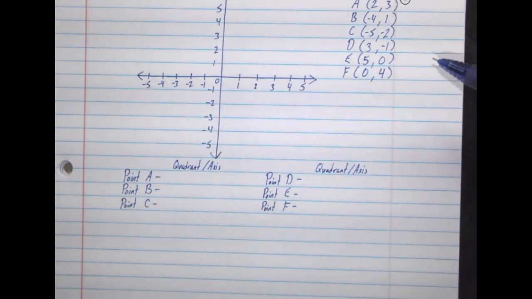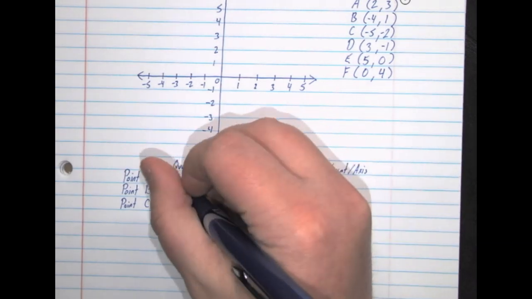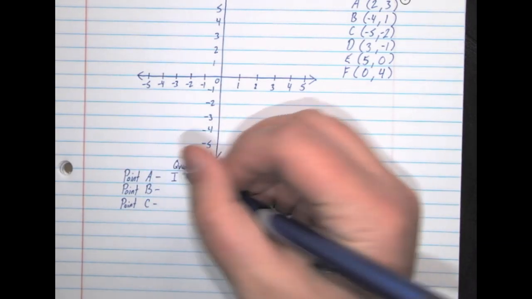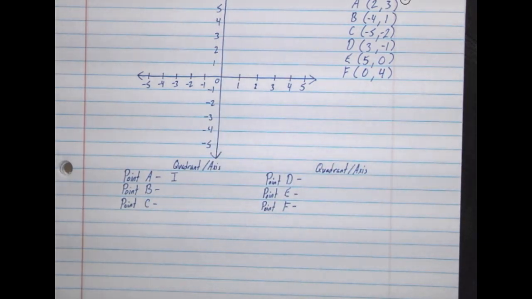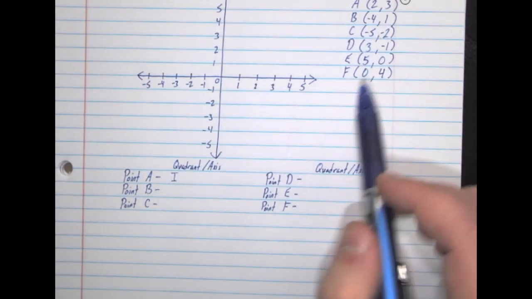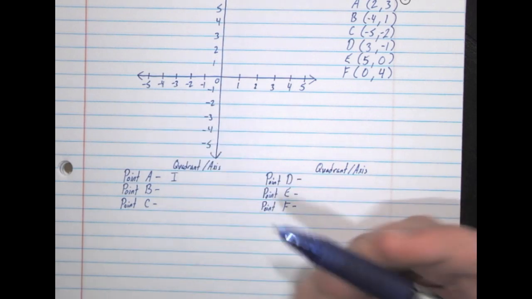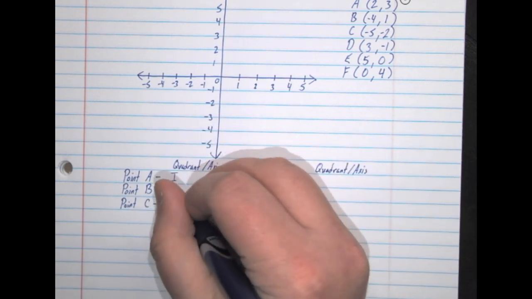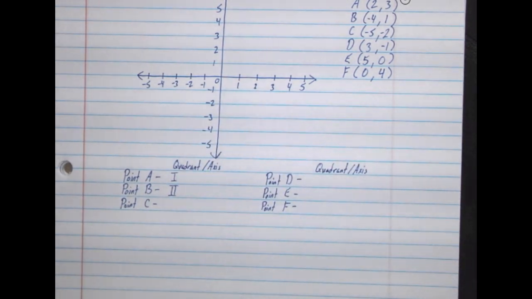Based on that information and the notes in the prior video, we have a positive and a positive. So point A is going to be in quadrant 1. Point B, it's -4, 1. So we're going to go -4, up 1. That's going to be in quadrant 2. Point C, -5, -2.